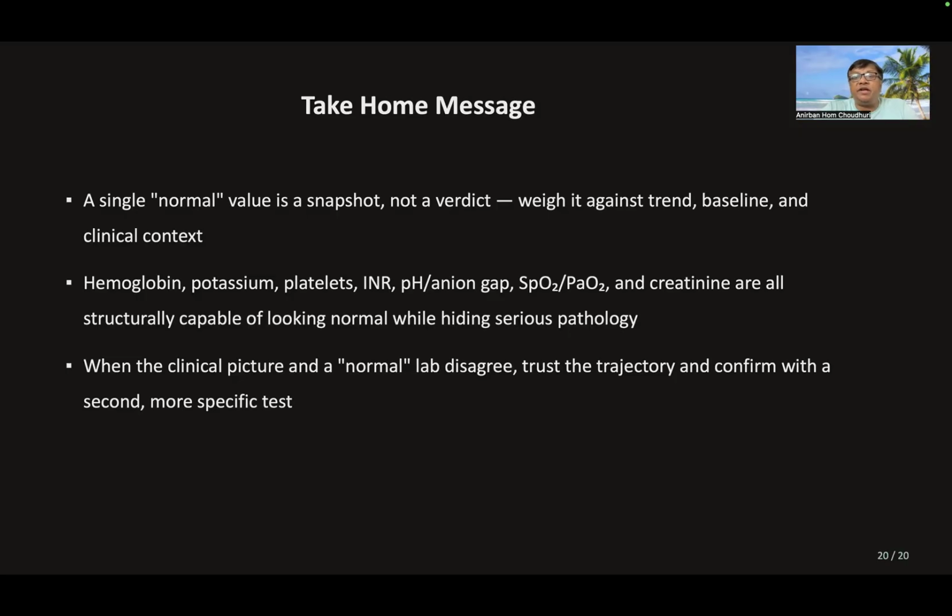It should be weighed against the trend, baseline, and clinical context. Hemoglobin, potassium, platelets, INR, pH, anion gap, SpO2, PO2, and creatinine: these are all very simple tests, yet they are structurally capable of looking normal while hiding serious pathology in the patient.